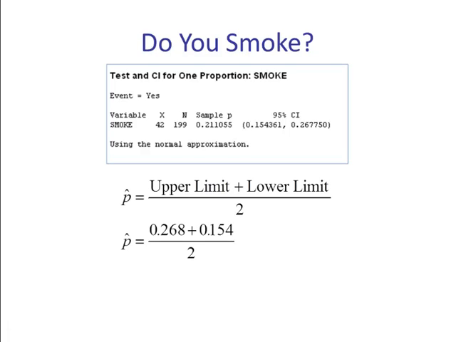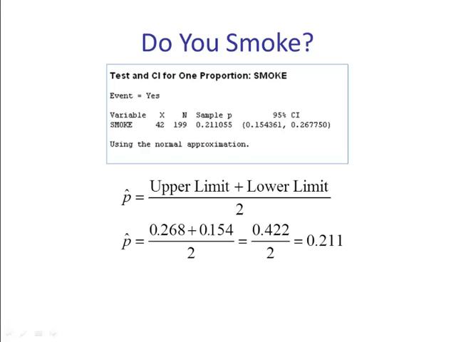So P hat is going to be equal to 0.422 divided by 2, which gives us 0.211. This also agrees with what Minitab said. Now there may be a problem where P hat is not given, and we can still compute it just by using the confidence interval.